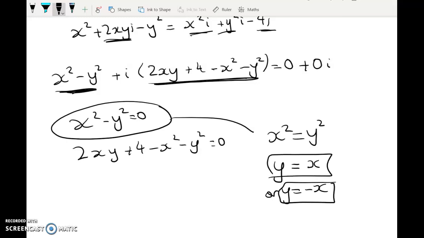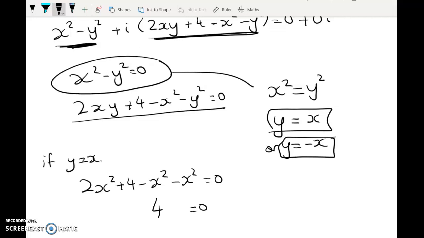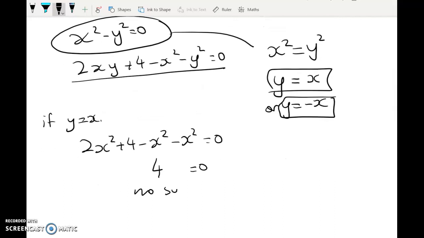We're going to have to look at both of those options. Right? So now we're going to take those and substitute them back into here. So if y equals x, we get 2x squared plus 4 minus x squared minus x squared is equal to 0, which gives me 4 is equal to 0, so no solutions.